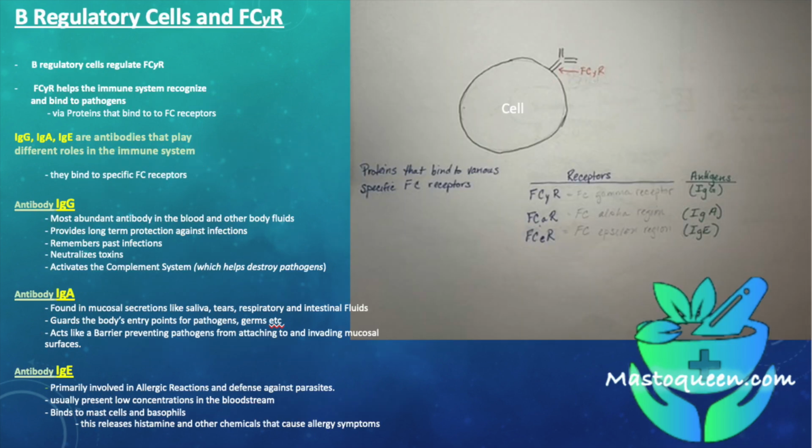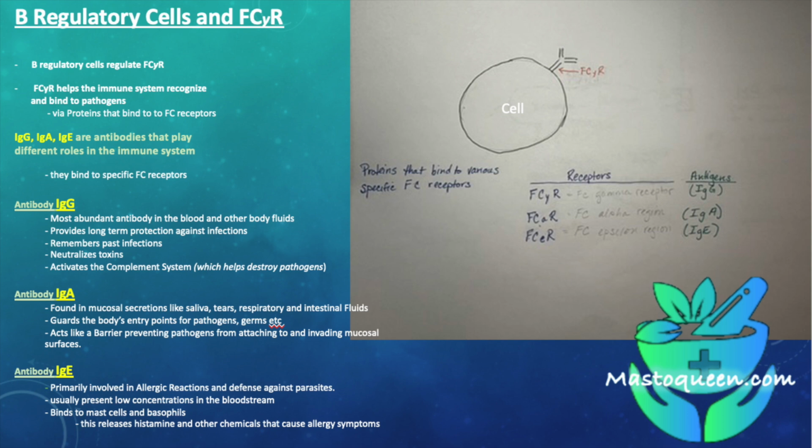All right, why did I teach you all this? The Fc receptors are vital to the immune system working properly. Whether it be IgG, IgA, IgE, the immune system needs the Fc receptors for binding of immune complexes to kill diseased or infected cells, damaged cells, etc.